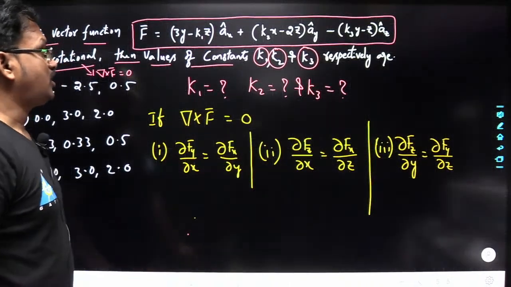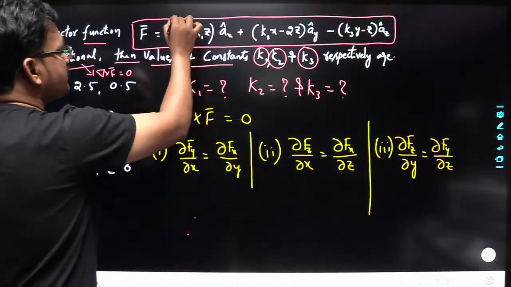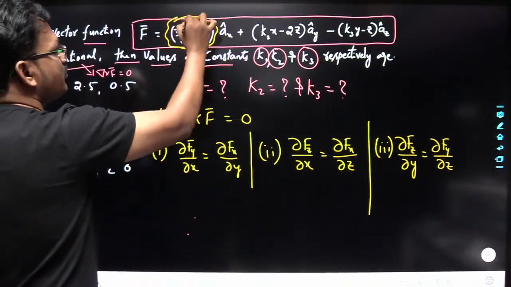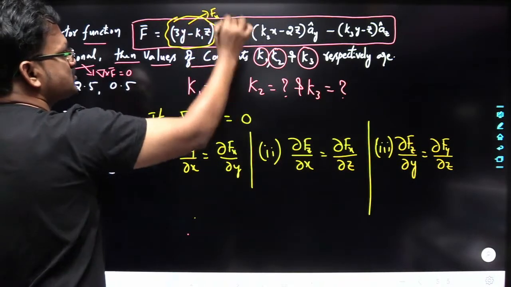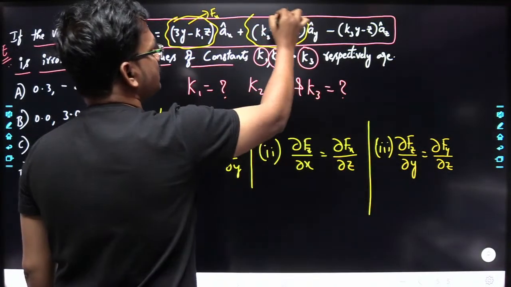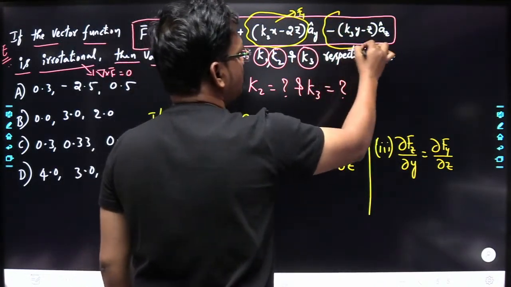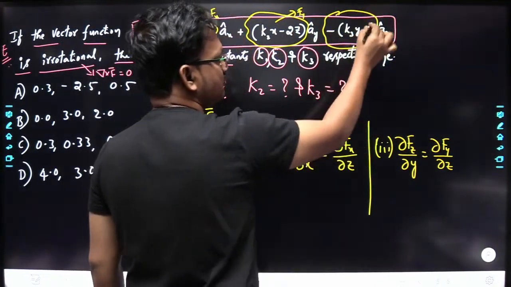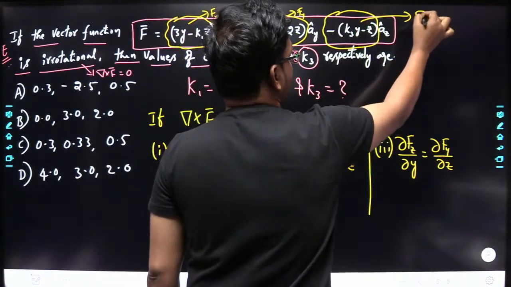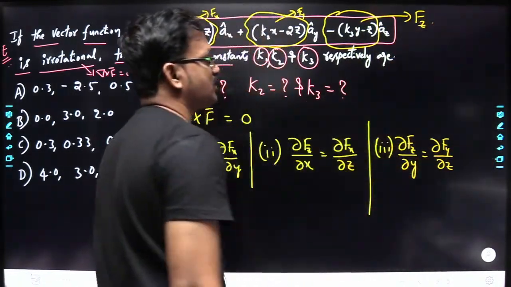Now I have told you to always write the x component separately. So this is the x component, this is the y component, and I am including the minus sign here, and this I can call the z component.